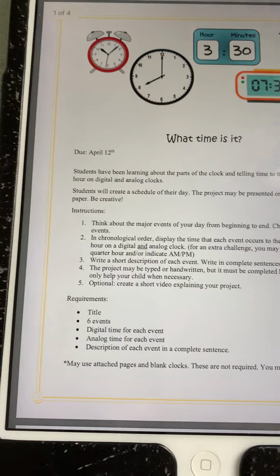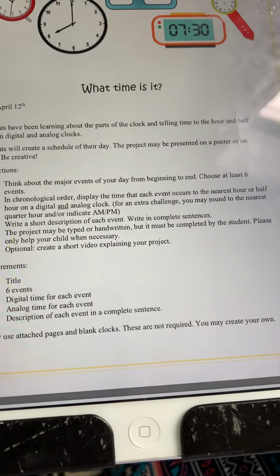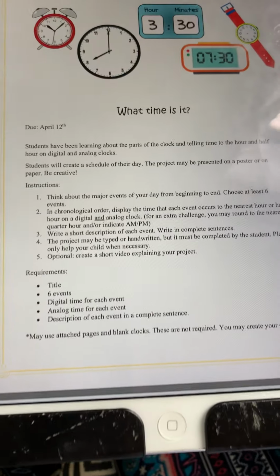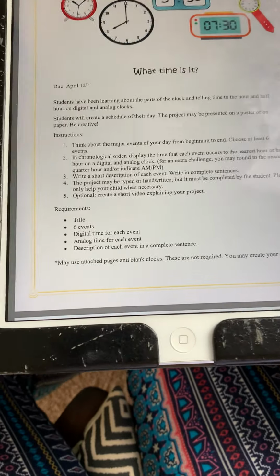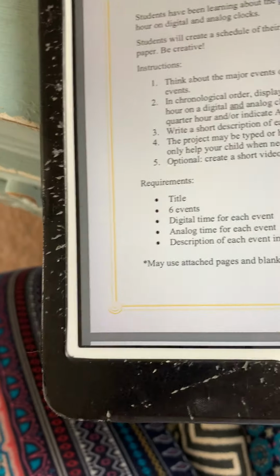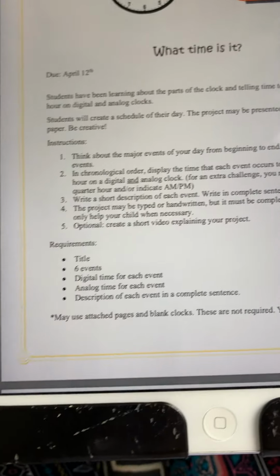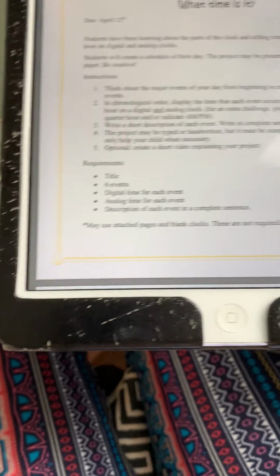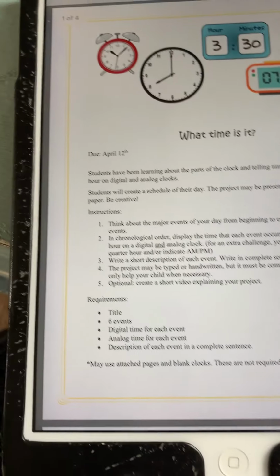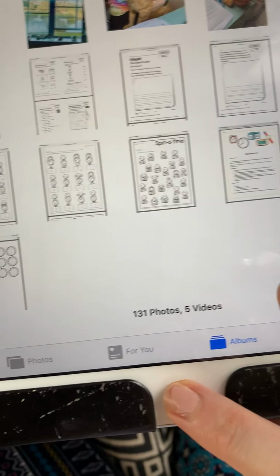At 8 o'clock I go on Class Dojo and remind everyone what to do. At 10 o'clock I get some exercise, and at 12 o'clock I eat my lunch. So that's it for all of that.